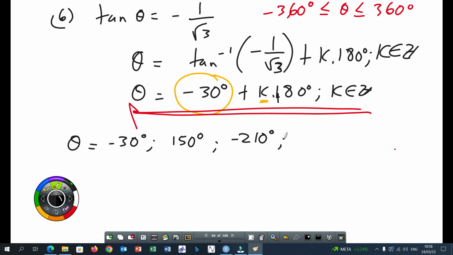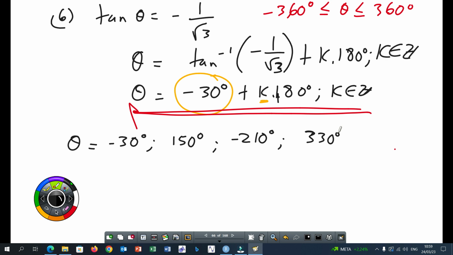Then k equal to 2: 2 times 180 gives 360, plus minus 30, you get 330. If you try k equal to minus 2, that gives minus 360 minus 30, which is minus 390. Minus 390 is not in that interval.